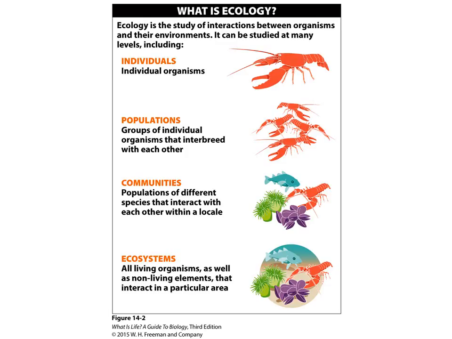And then there's communities. How do the populations of different species within a local area interact with each other? Okay, so with communities, you've now added in different species. And then ecosystems, that's the highest level of organization in ecology, which deals with living and non-living elements and how they interact in a particular area, such as a forest, desert, or wetland.